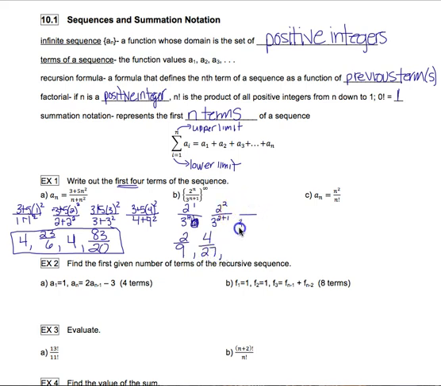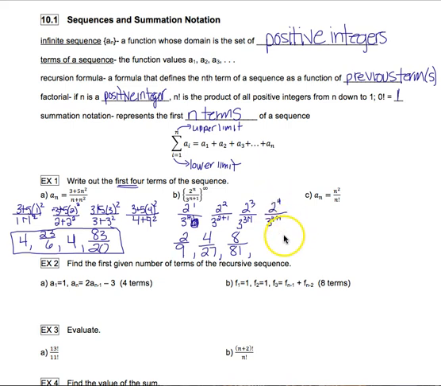Next, 3 to the 3 plus 1 over 2 to the third. So bottom 3 to the fourth is 81, top is 8. And final term, 3 to the 4 plus 1 and 2 to the fourth.